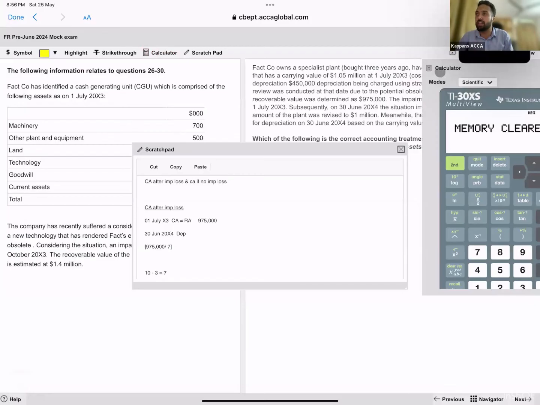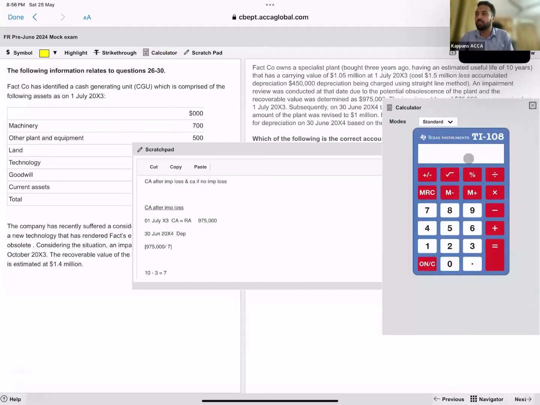Let's use a calculator to find out the value. So 975,000 divided by 7 equal to, that's a pretty much odd figure, 139,286. So the carrying amount after impairment loss based on recoverable amount over the remaining useful life is 975,000 minus 139,286.